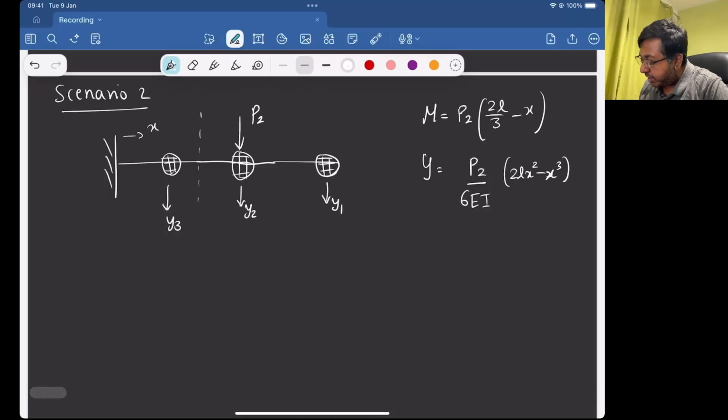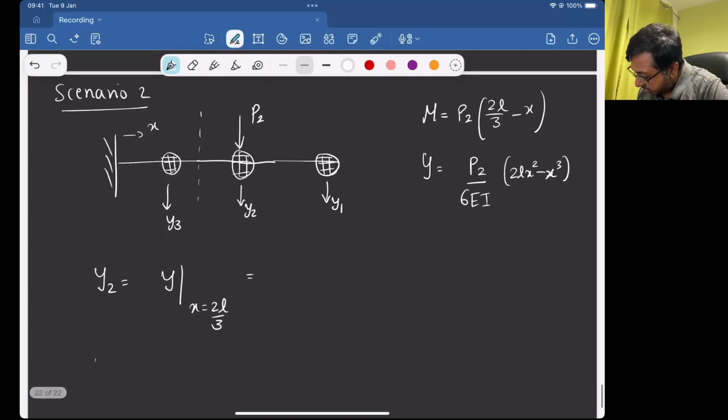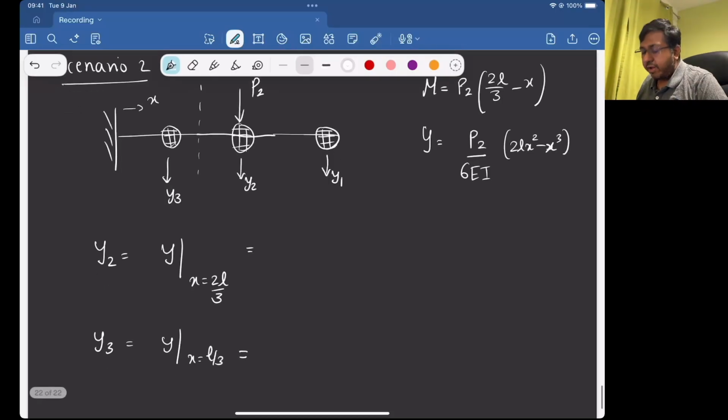Now this makes it very straightforward. I can get y2, which is y at x equal to 2L/3, and y3, which is y at x equal to L/3. Both of these points are on the left side of the load, or at the point where the load is applied. We'll come to how to deal with y1. If I substitute, I get 8 P2 L cubed over 81 EI.